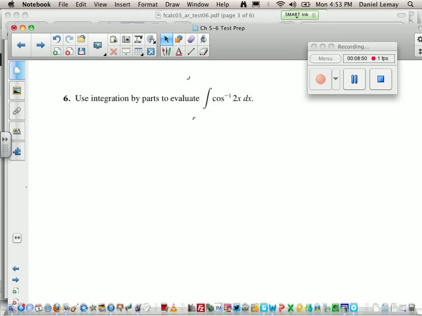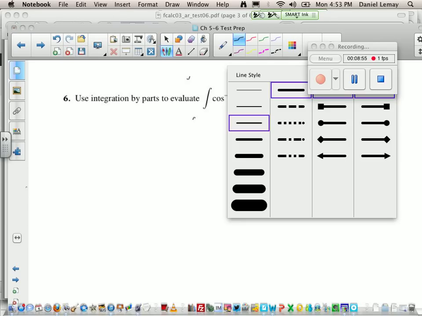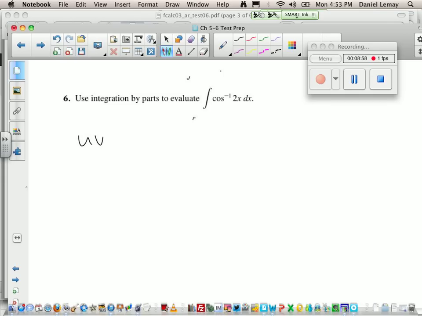Okay, so they're telling us to use integration by parts. You've got to remember the integration by parts formula, which is you have u times v minus the integral of v times du. And then you've got to keep doing this until you're done.